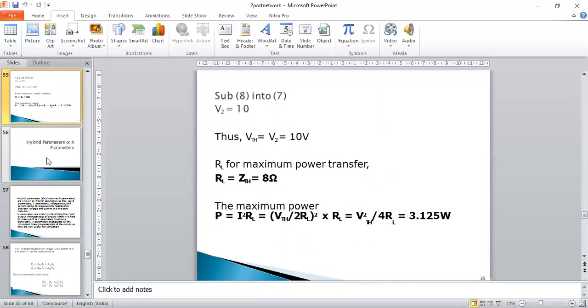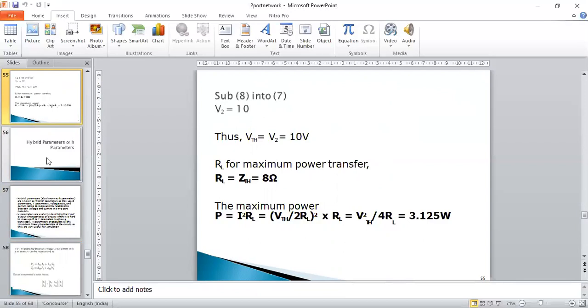So for maximum power transfer, RL is equal to ZTH. Earlier I said that maximum power transfers from source to load, which we studied earlier in maximum power transfer. How can the maximum power transfer from the input side to the output side? So RL is equal to ZTH, which we found to be 8 ohm.